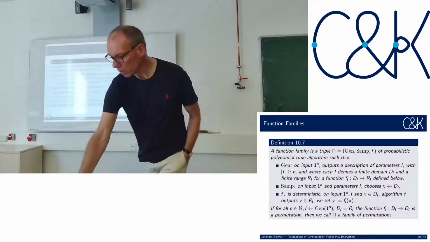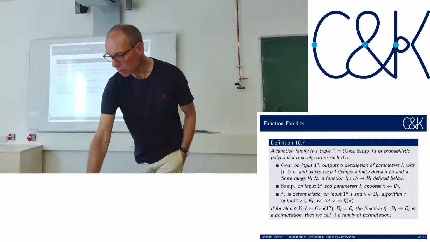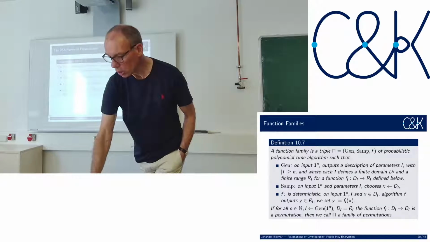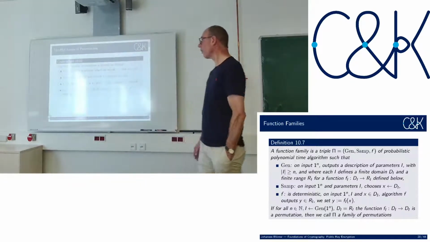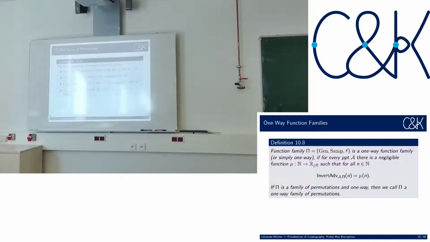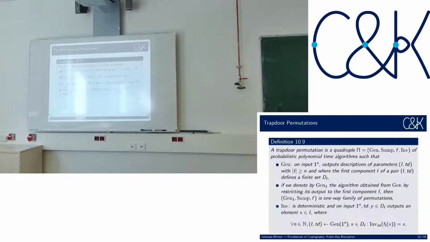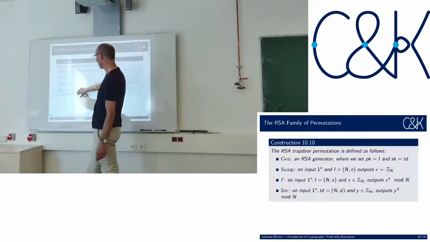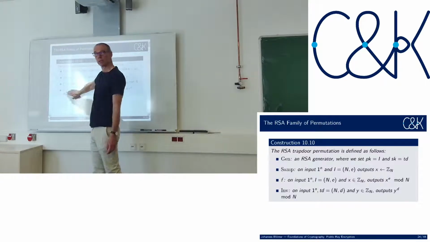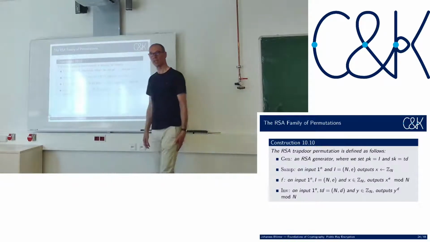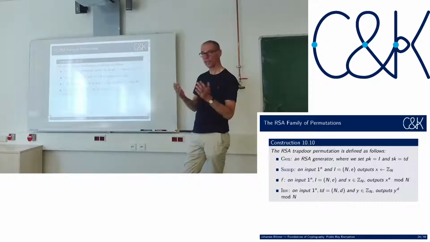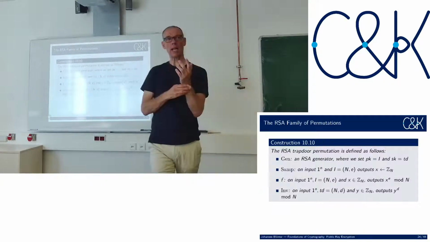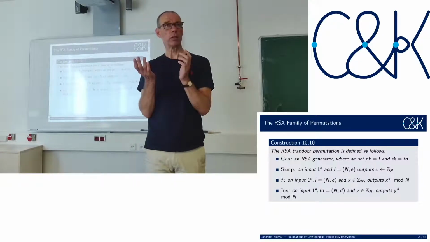Let's look at the RSA family of permutations as an example, and forget about trapdoors and stuff like that. We just look at RSA as a function family, and let Gen be an arbitrary RSA generator.